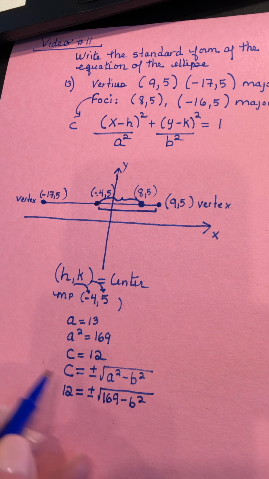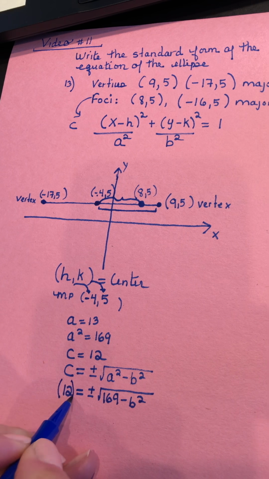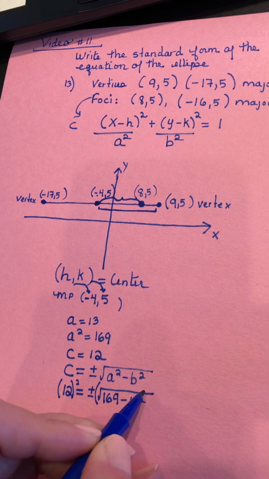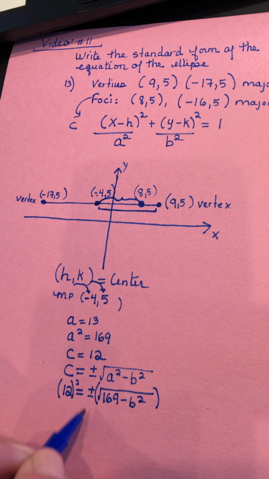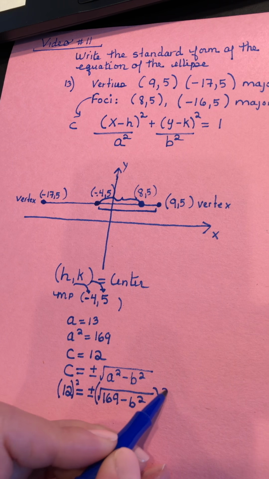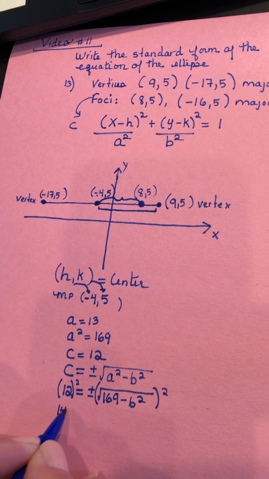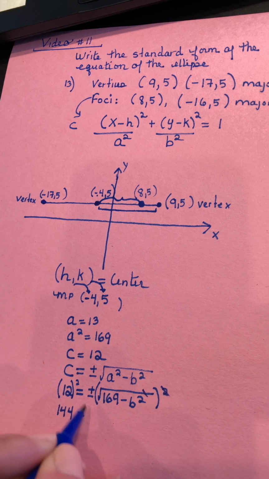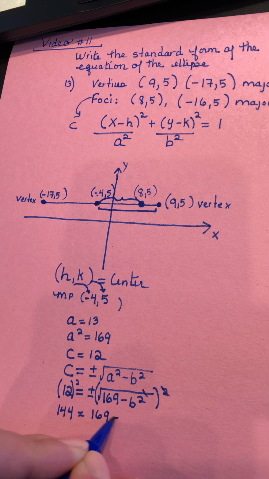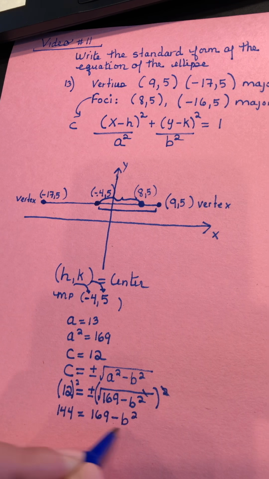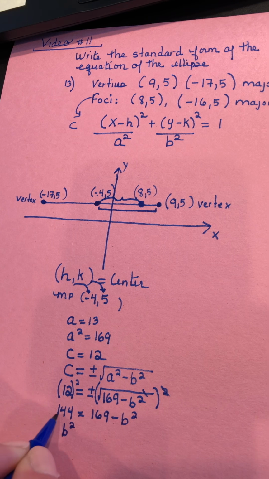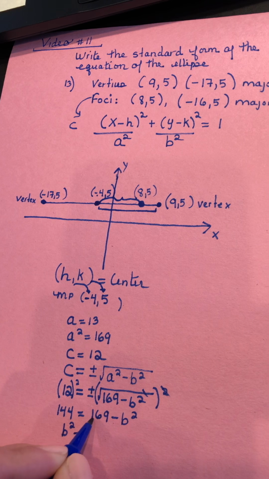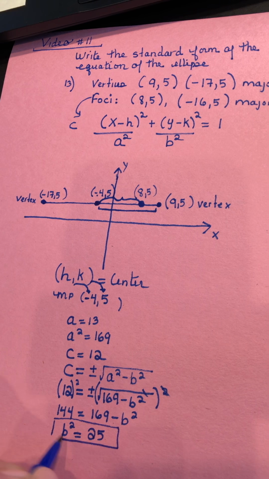Now, to solve for b squared, I want to square both sides, so it's under a radical. And you can actually ignore the plus or minus for now. But 12 squared is 144. This is going to equal, the square root undoes the squared term, 169 minus b squared. If I add b squared to both sides and subtract 144, 169 minus 144 is going to give me 25. So I know that b squared is 25.